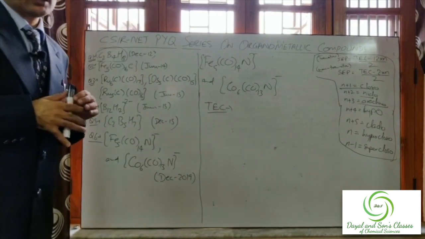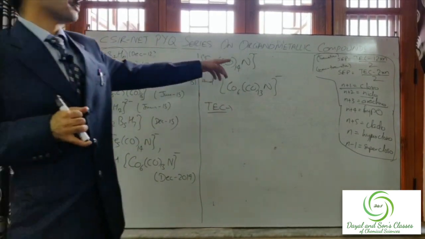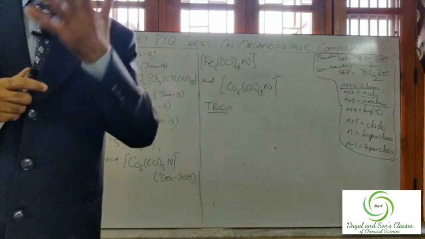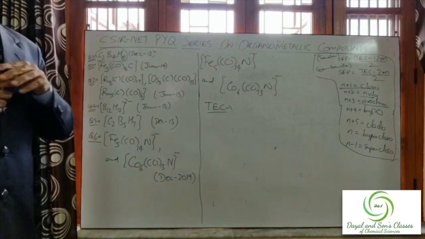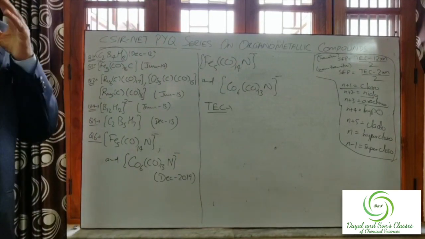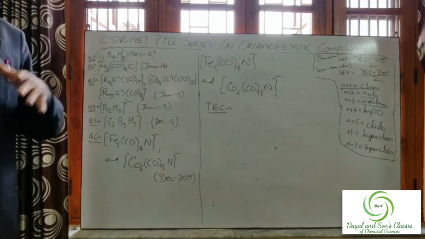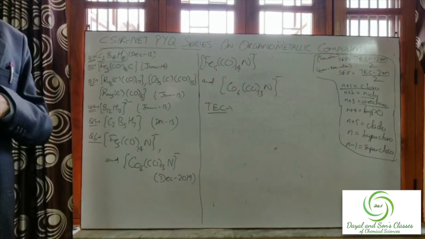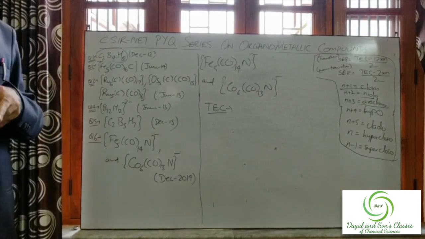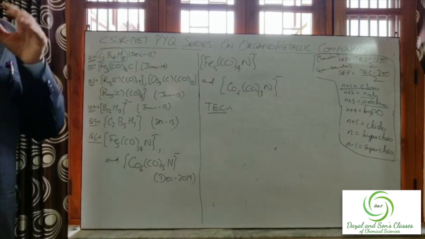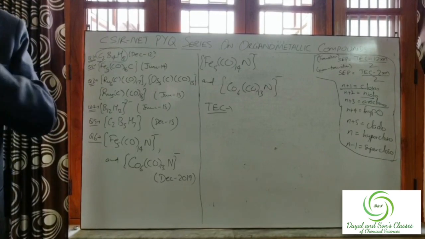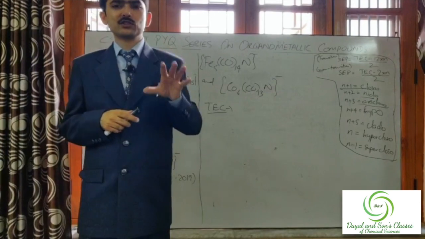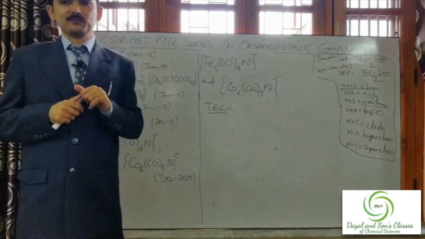Please do remember, when nitrogen is present with more than 2 metal atoms, the nitrogen is usually present in interstices, and when an element is present in interstices, it contributes all its valence electrons. So valence electrons for nitrogen are 5. Nitrogen has 5 valence electrons. Those 5 electrons will be contributed towards this skeletal structure.